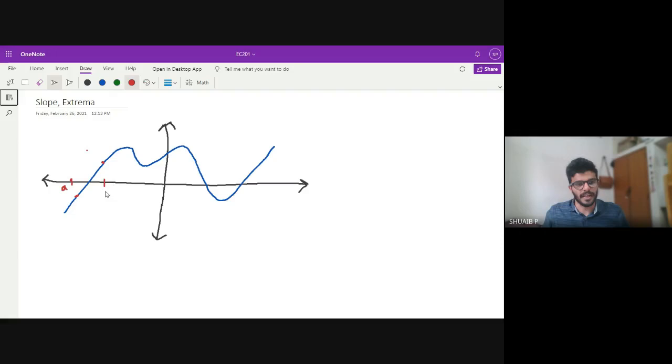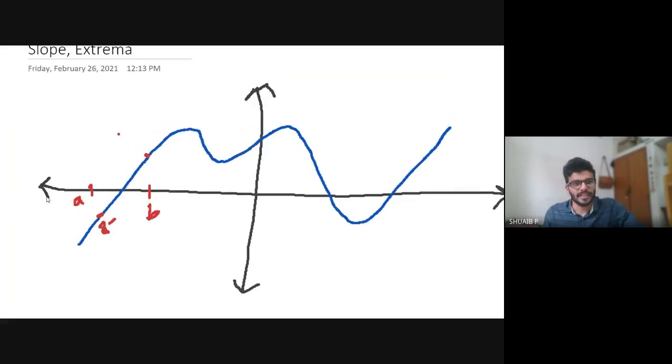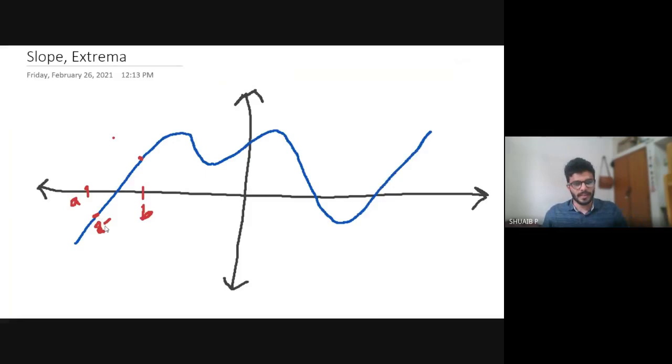So if this is a and this is b, this will be f of a, this will be f of b, and the slope would be this difference divided by this difference, which will be the slope of this line, basically.